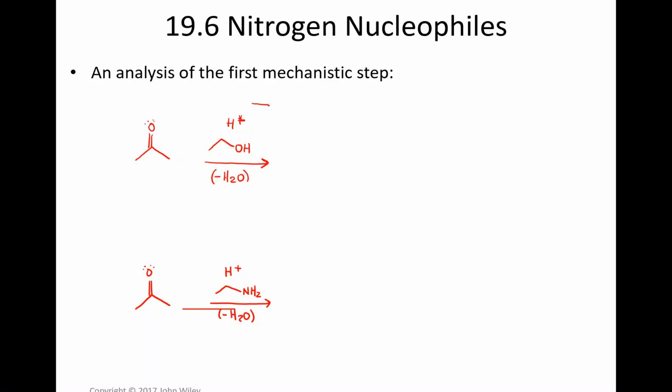Okay, so there is a difference in the mechanism, because if we analyze the proton transfer situation, we'll see why. If we're under acidic conditions, the first thing that's going to be protonated is whatever's the most basic thing in solution. So in the case of water and an alcohol, the proton transfer would occur on the alcohol, sort of like it would occur on water.